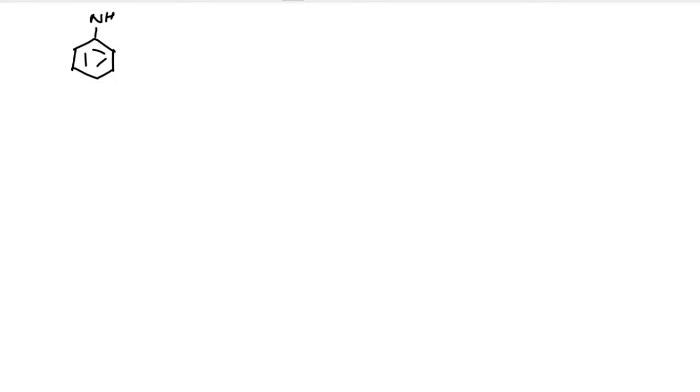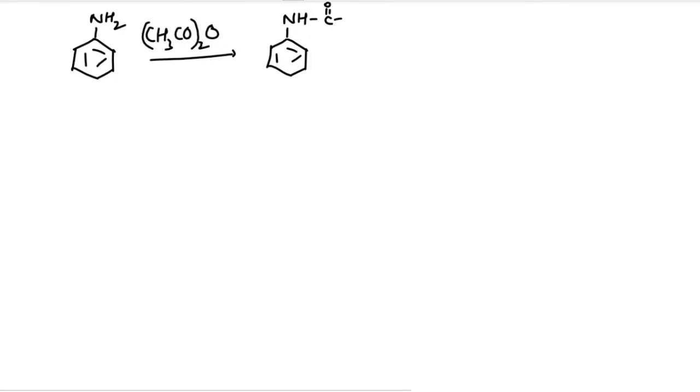First of all, this NH2 of aniline is acetylated with acetic anhydride. So what is the name of this product? Tell me. We have done it earlier. This is called, yes, acetanilide.